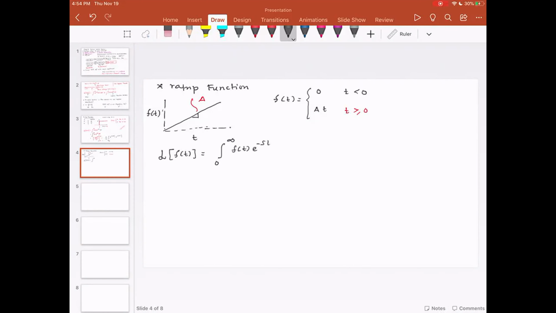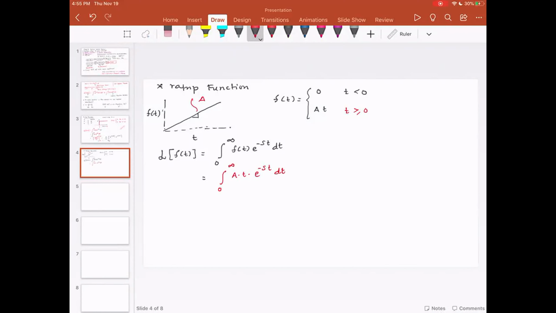I'm going to use this equation. Initially, when time is less than 0, the function is 0. So when I perform this integration from 0 to infinity, this becomes a t e to the minus st dt.